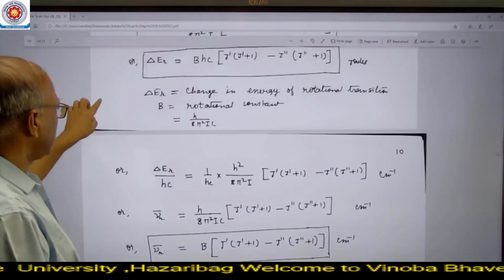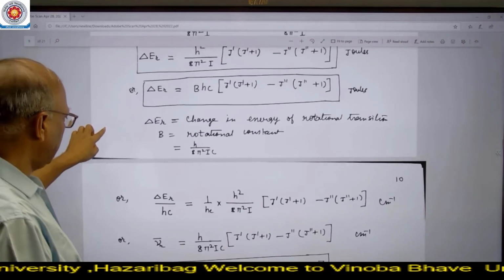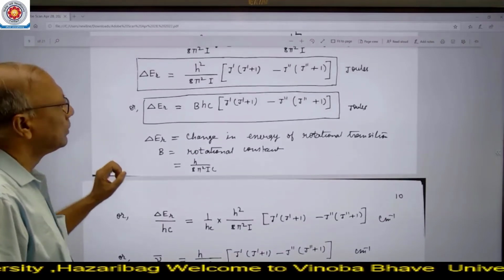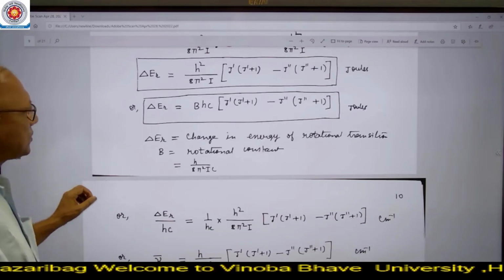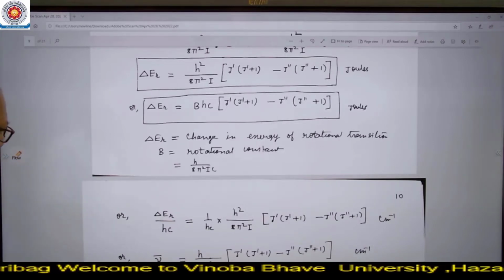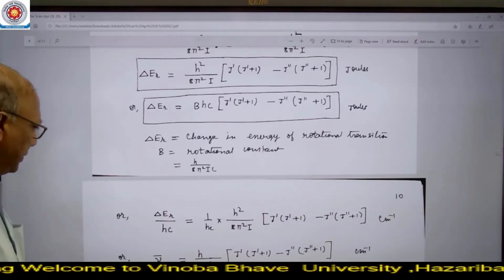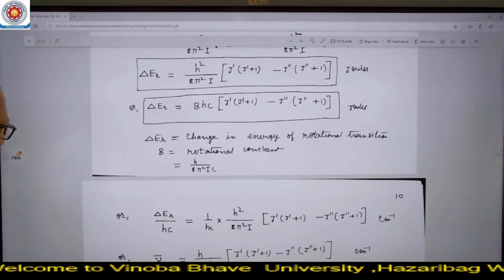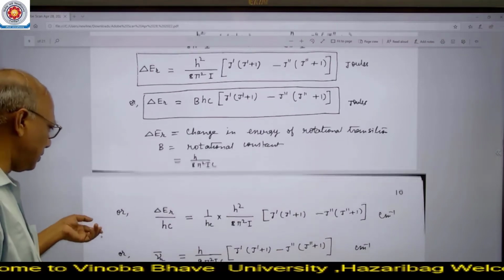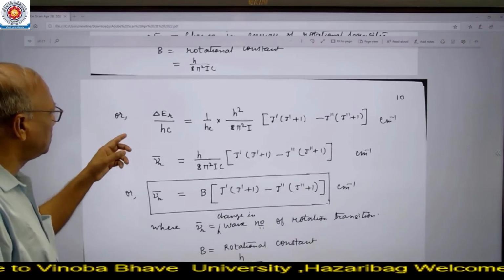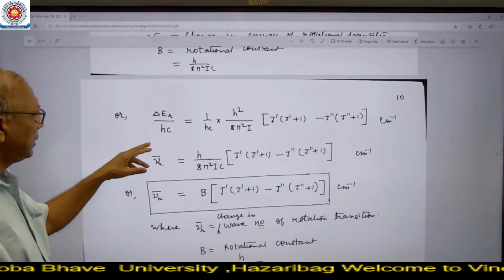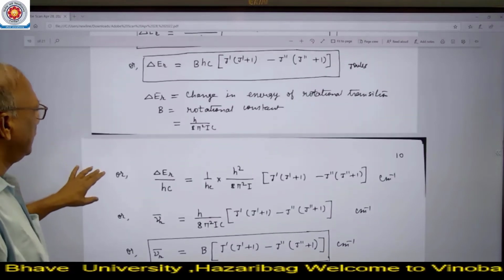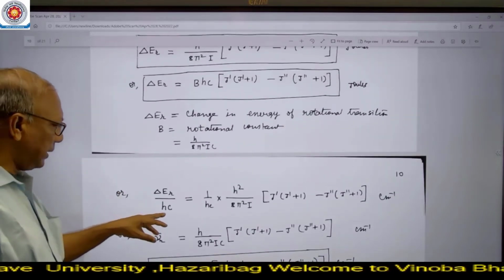We have discussed in our previous lecture that the energies expressed in rotational transition, or in any spectroscopy, are more suitable in terms of wave number. So when we want to express the energy in terms of wave number, we have to divide the energy change by hc.